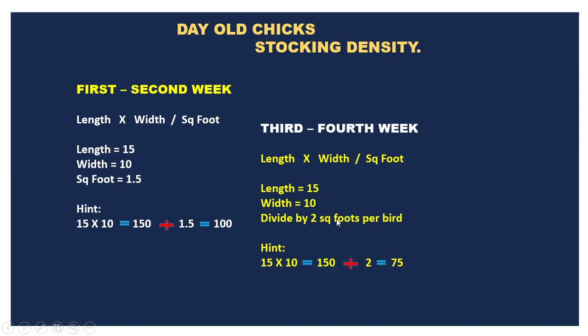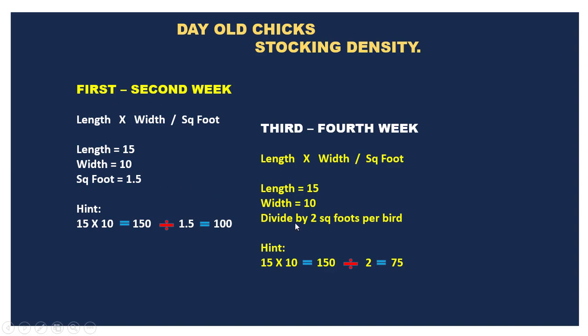So now you see in this place you are putting each bird in a 2 square foot space, while in this other space you are putting each bird in 1.5 square foot space.